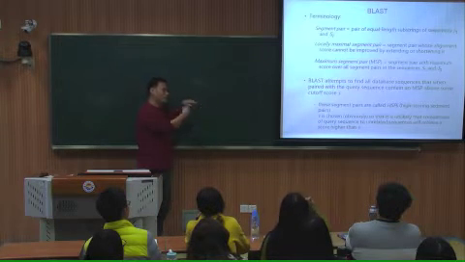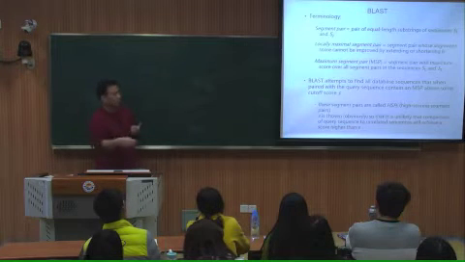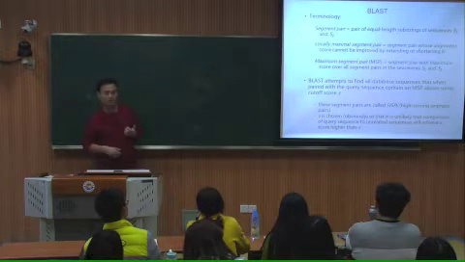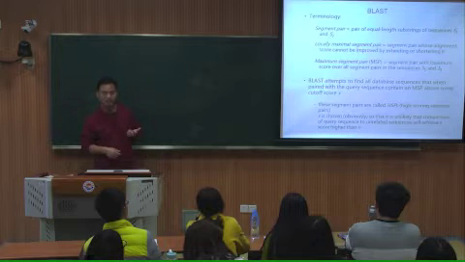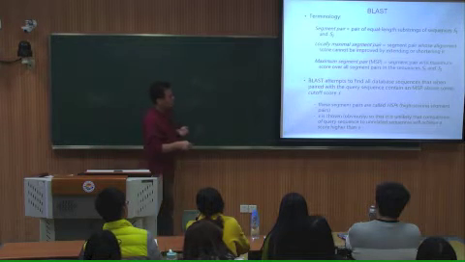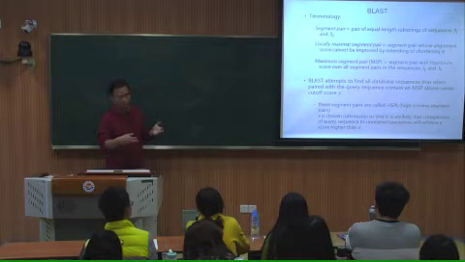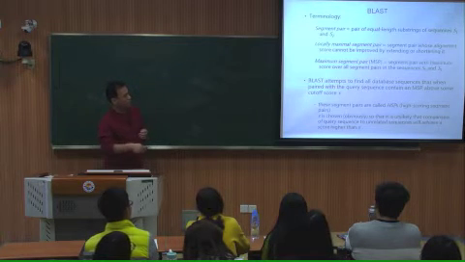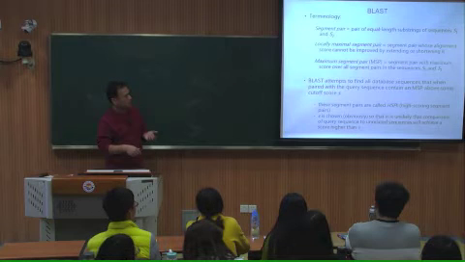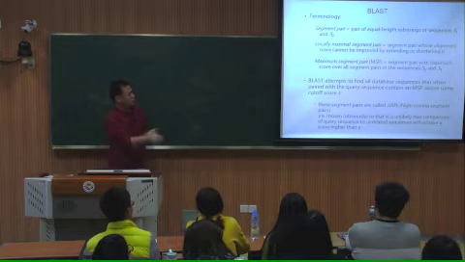When you extend this comparison, it will not improve the score. We call that a local maximum segment pair. Okay. And similarly, this is the maximum segment pair, which means we look at all the segment pairs, and find the one with the largest score. Okay. So this is the terminology.